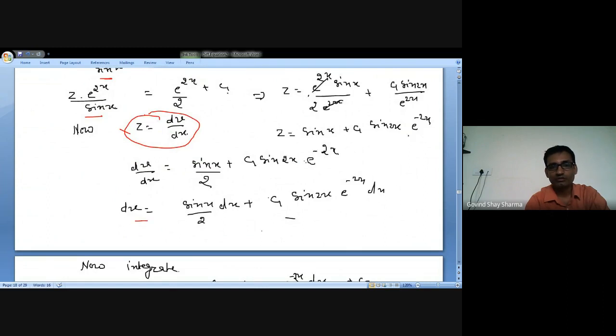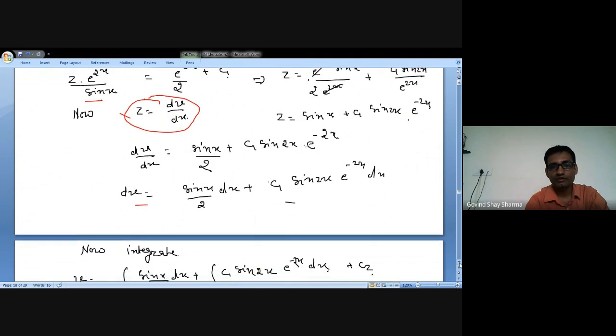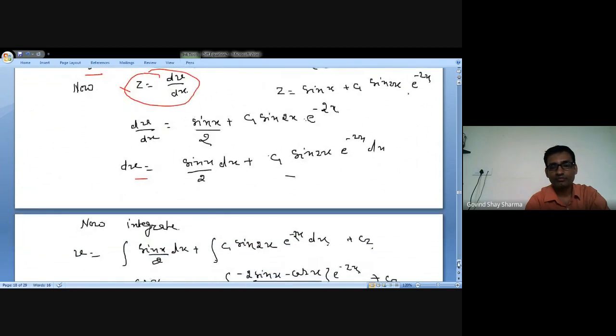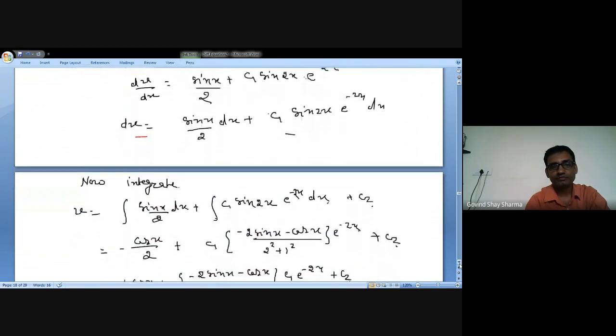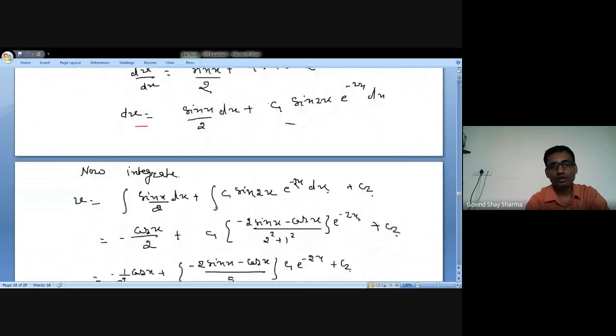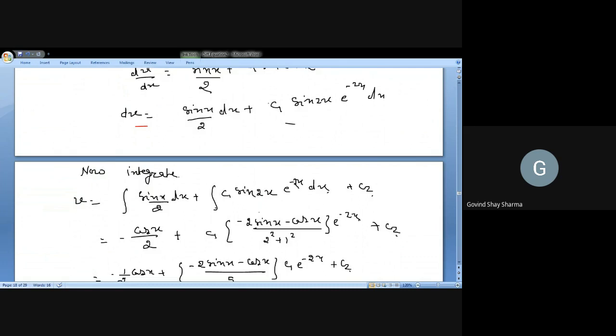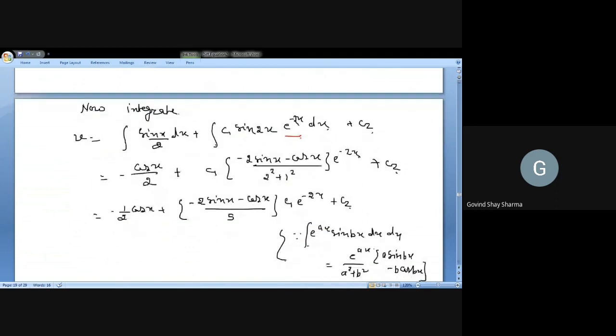For dv, variable separation is used here, and integrate. The integration of sin x becomes minus cos x, and for e to the power ax sin bx we use the formula e to the power ax upon a square plus b square times (a sin bx minus b cos bx). By using this we get the result for v.